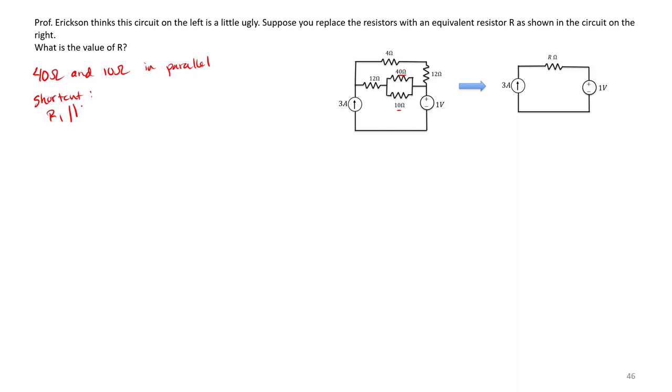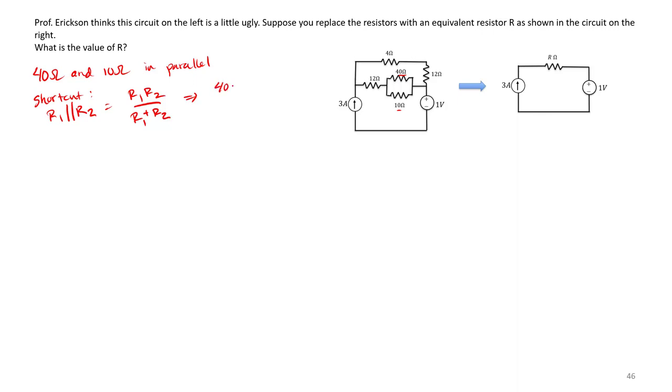We know that if I have two resistors in parallel, I can use this notation, R1 parallel R2. We know that two parallel resistors can be replaced with an equivalent resistor, where the equivalent resistance is R1 R2 divided by R1 plus R2.